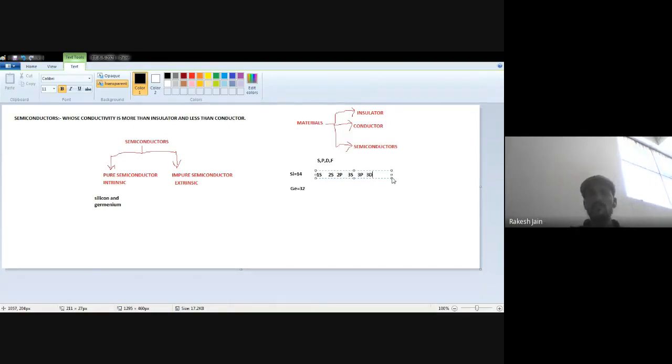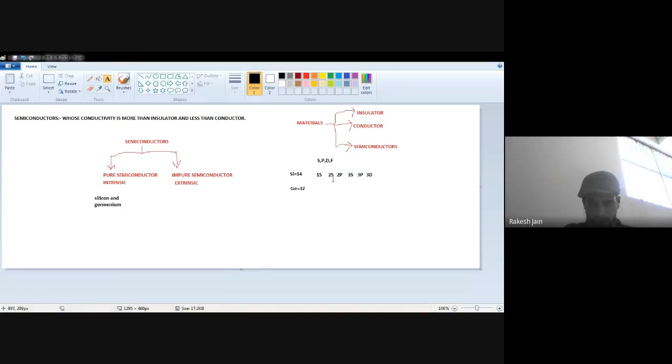The fourth orbit is always 4s, 4p, 4d, and 4f. But here we do not require these for silicon, so I do not write them down.